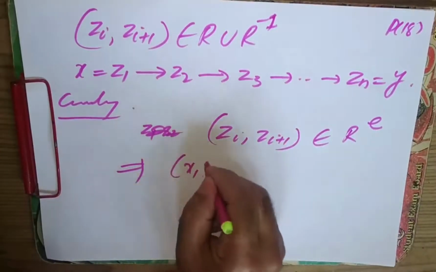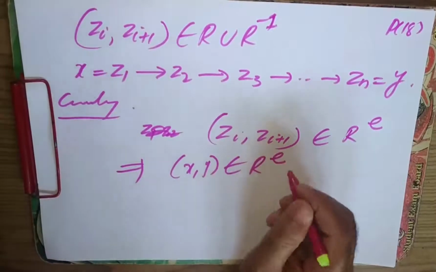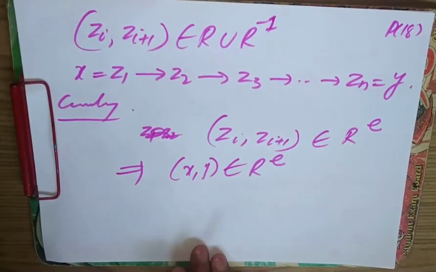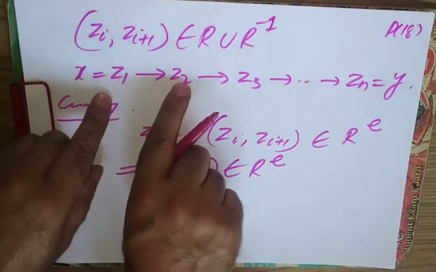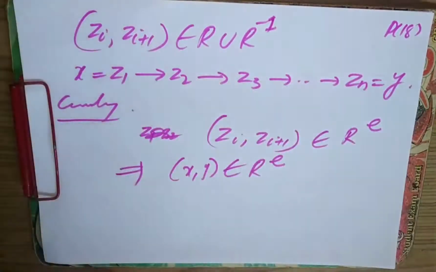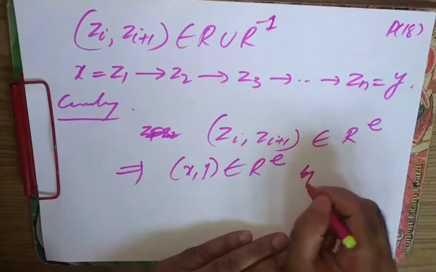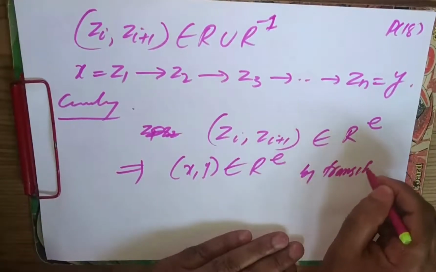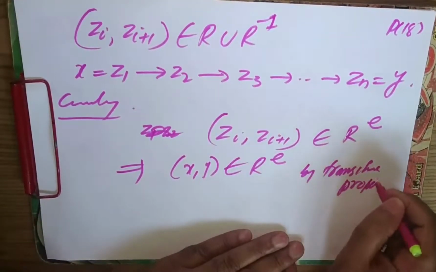So Z1 is related to Z2, Z2 related to Z3, and so on. So Z1 is related to Zn by the transitive property, which means that X comma Y belongs to Re.